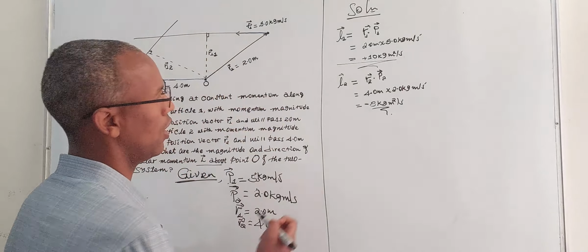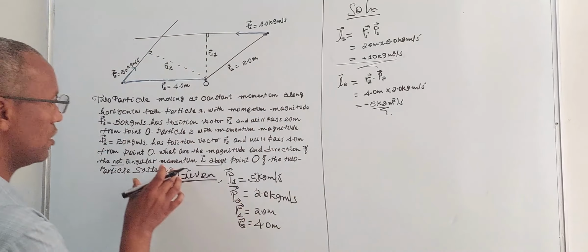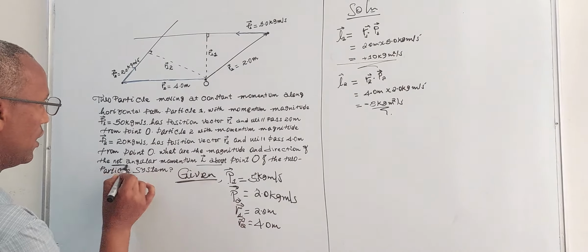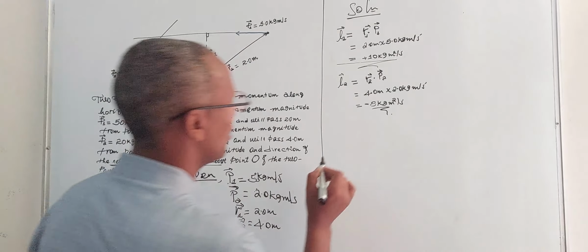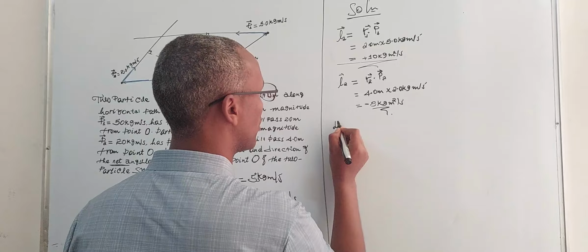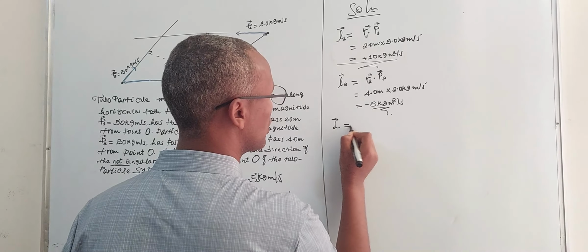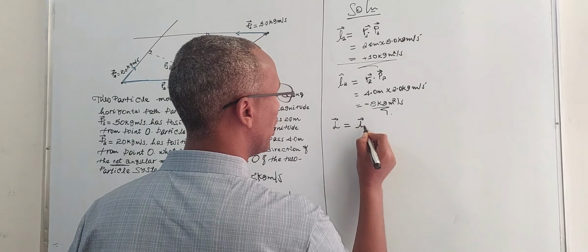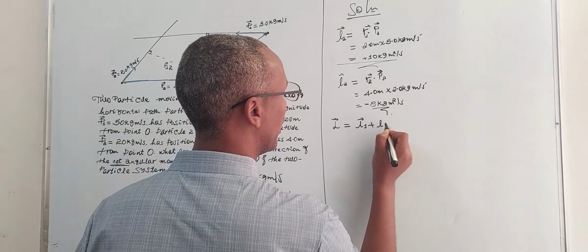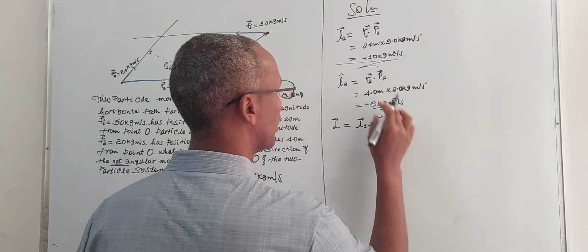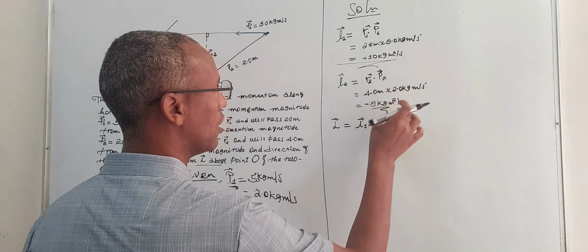Now, the question is about the net angular momentum. To find the net angular momentum, it is equal to L1 plus L2. Now you can just plug this term over here and this one over here.